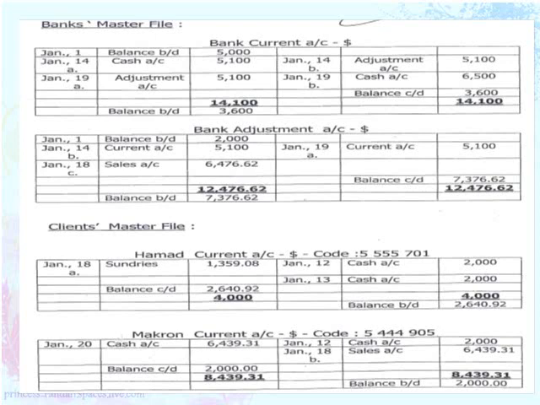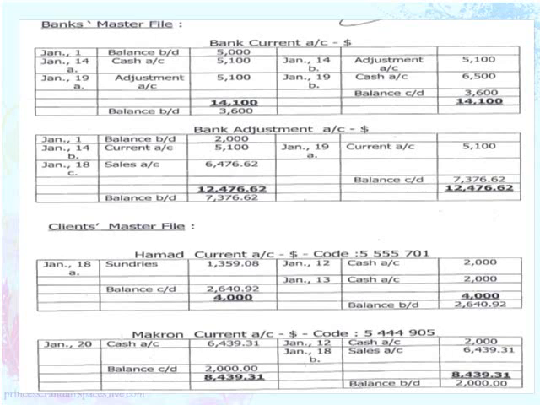How much was its balance? How much are the amounts received from the clients? How much are sent to the adjustment account? How much are withdrawn? How much are paid in cash to sellers? And finally, how much is the balance of the bank current account?